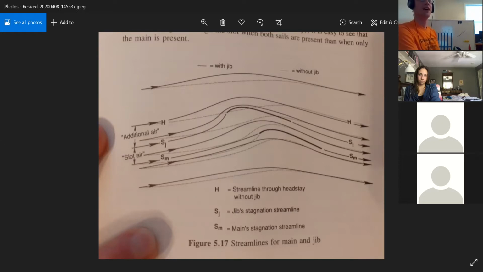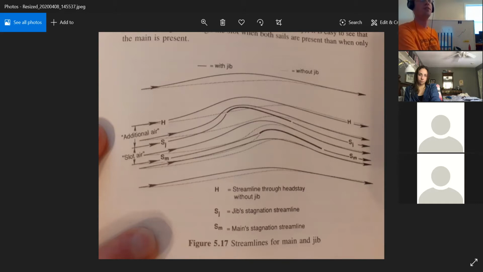So that's why that's going on: when we have the jib, the mainsail is much less likely to stall, to have the flow get ripped off the back of it. The other thing that's going on is something called downwash. We won't go back and point out the specific arrows, but we looked at those arrows in the wind tunnel, and we noticed that the stagnation streamline was moving for each sail.